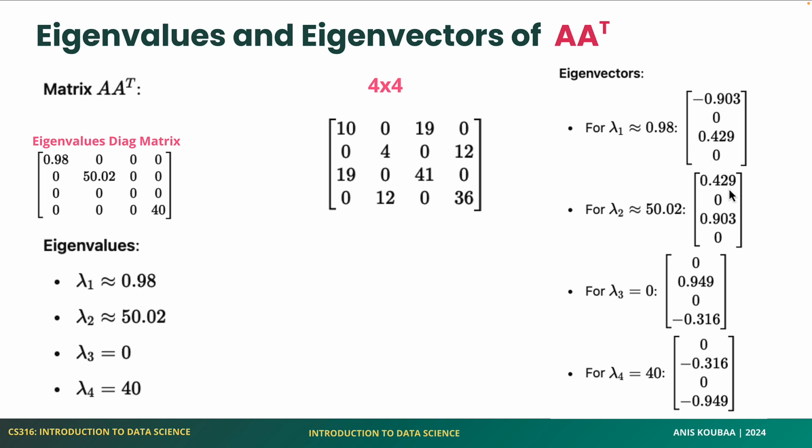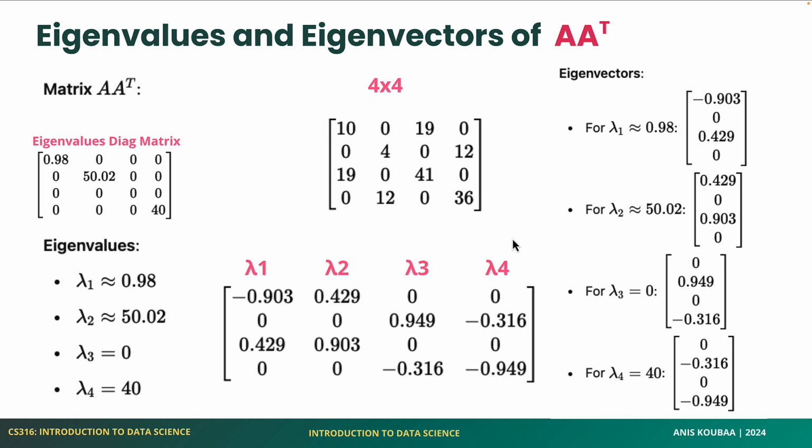For lambda 2, we have a different eigenvector. For lambda 3, and for lambda 4. And observe here, lambda 3 is 0. And if I take all these unit vectors, or the eigenvectors, place them one after the other, we will have a matrix 4 by 4.